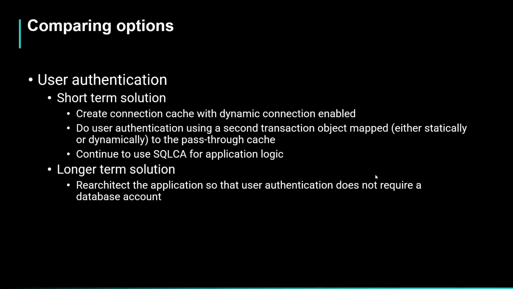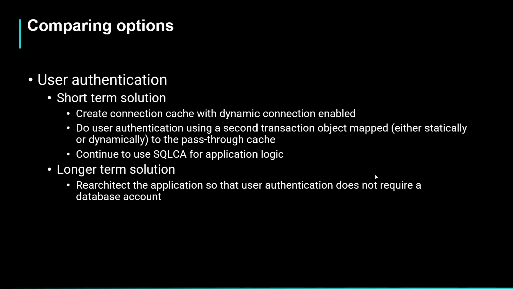But I would also then have a separate transaction object where you allow a dynamic connection. And so what you could do in your login is you take that second transaction object and you actually log the user in to the database using that, and that would then authenticate them against the database. So you know that the user is valid.